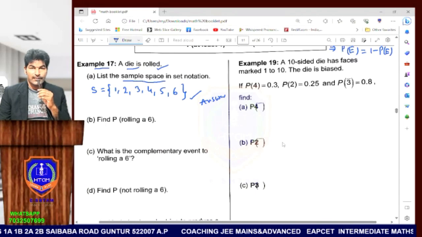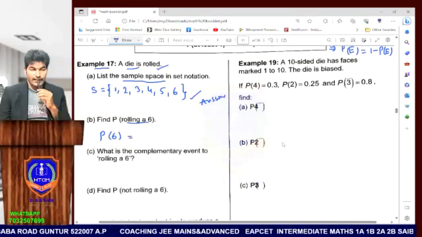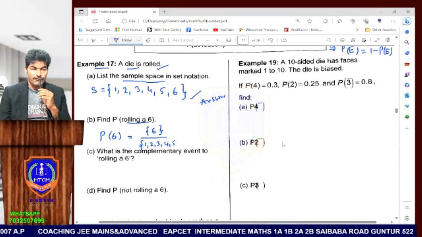Question B. Find the probability of rolling a 6. This event we can simply denote as P of 6 when a die is rolled. We only want a 6 on the top face of the rolled die, and the sample space is 1, 2, 3, 4, 5, 6.